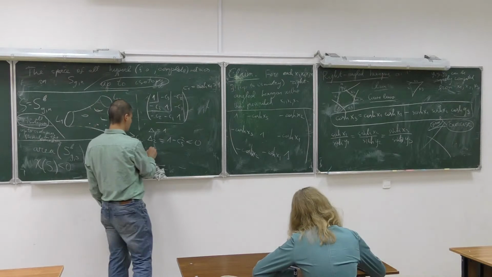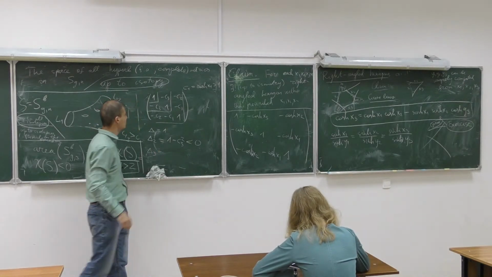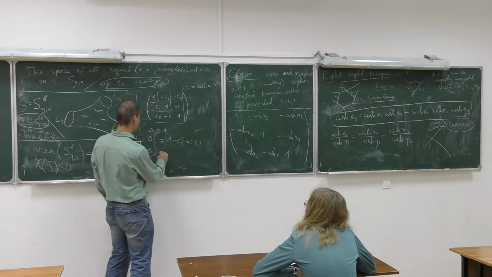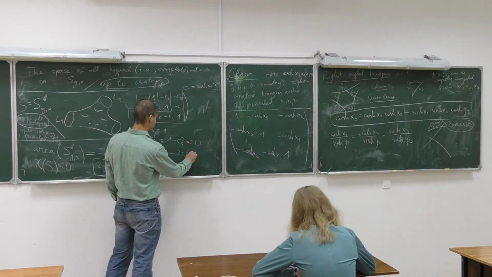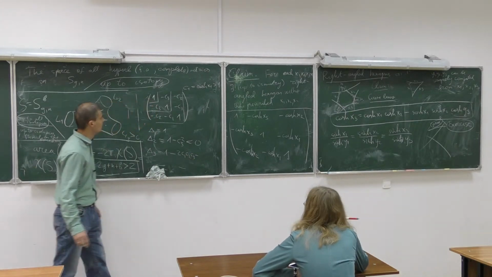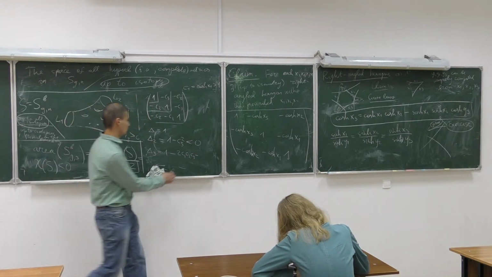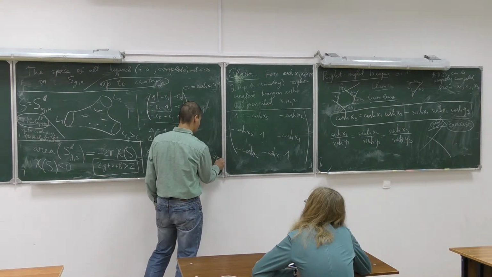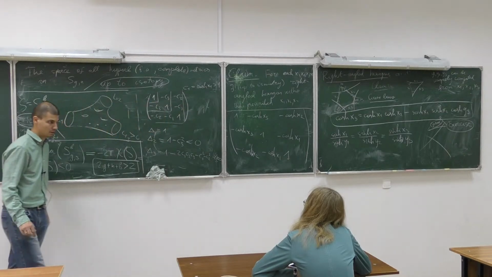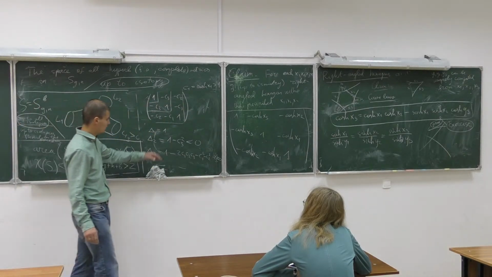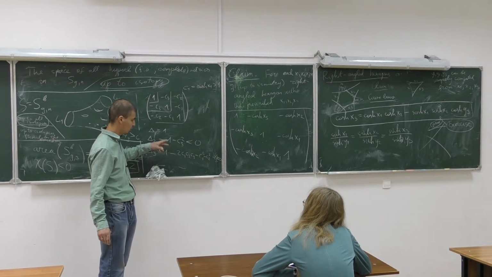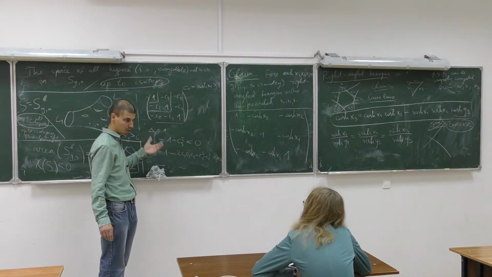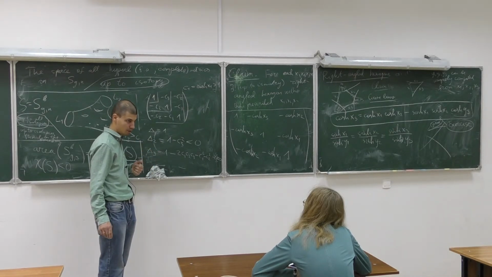And delta 3 equals 1 minus 2 C1 C2 C3 minus C1 squared minus C2 squared minus C3 squared, so it's definitely negative. So we see that we have one change of sign, so the positive inertia index is 2 and the negative inertia index is 1.